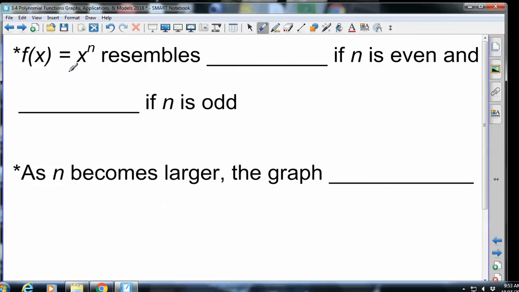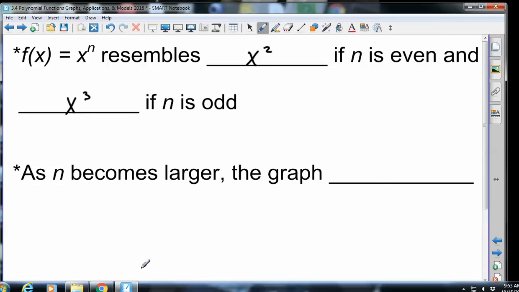So f of x equals x to the n resembles what if it's an even power? What is it going to look like when you have an even power? A parabola. I'm going to put x squared. And what does it look like when it's odd? The chair, x cubed.